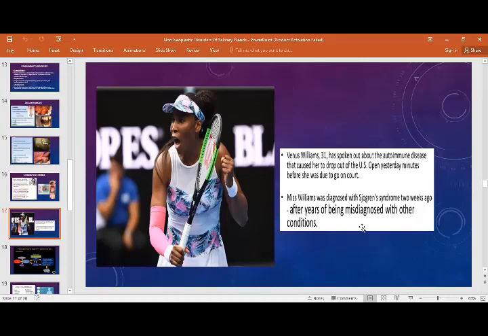In 2011, she finally disclosed that she is suffering from Sjogren syndrome, as she had all these problems: dry eyes, dry mouth, as well as weakness and muscular atrophy. These are the symptoms, but as with every autoimmune disease, because autoimmune diseases take a lot of time to diagnose, she had the same problem. She was misdiagnosed. She was being managed for different conditions, but later on she was diagnosed and she got treatment.